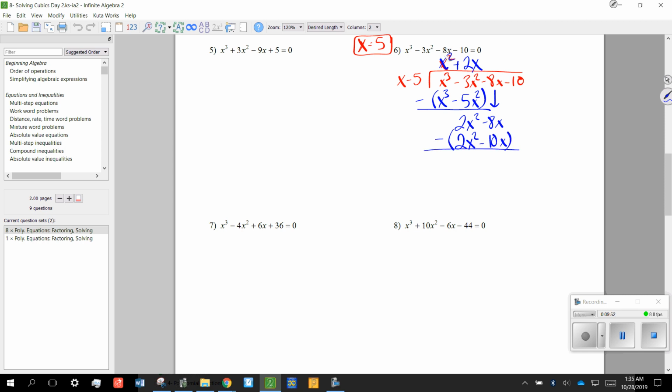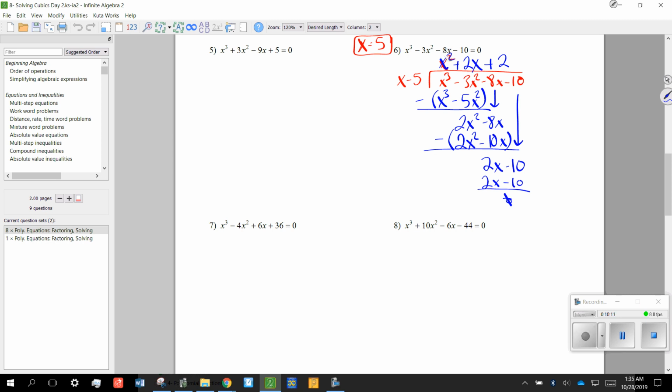Again, I'm subtracting. Make sure you don't just do negative 8x minus 10x. It's negative 8x minus a negative 10x, which is 2x. Bring down that last little term, and we have a plus 2 here, and that's our remainder.